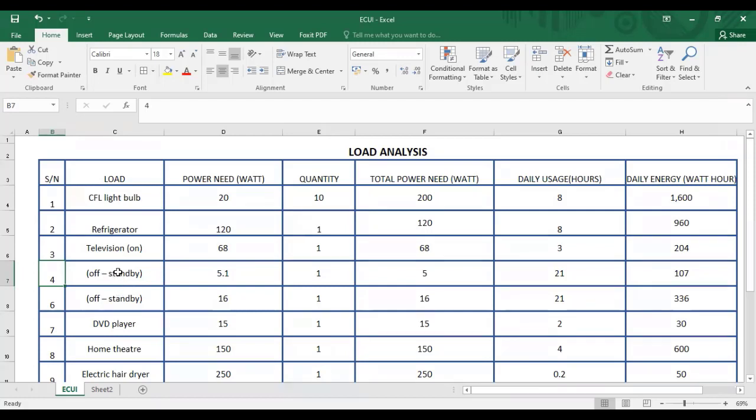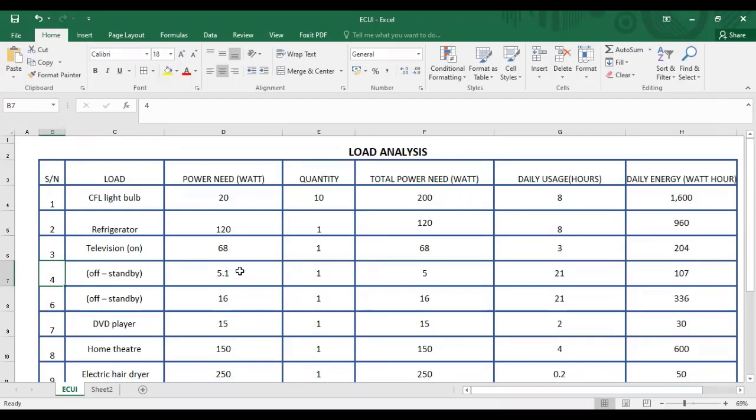If you switch off your television, maybe by using the remote, there is standby power consumption, because some electronic components, the capacitors, store this energy.